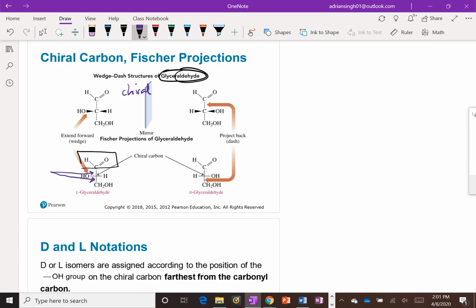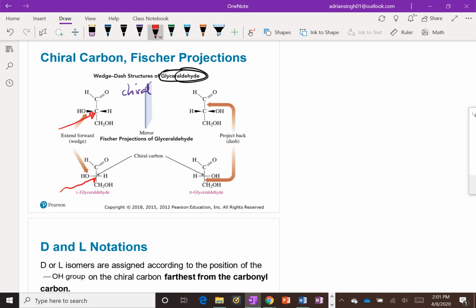And then the horizontal lines, those represent bonds coming towards you. So this bond here and that one, the bonds to the H on the right and the OH to the left, those are the bonds coming towards you. Wherever the lines cross each other, there's a carbon, right? So there's a carbon right here in the middle that represents that carbon over here. And that's a quick way to represent the structures for sugars.